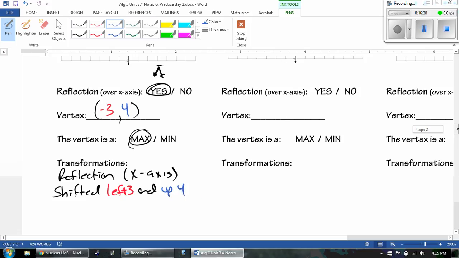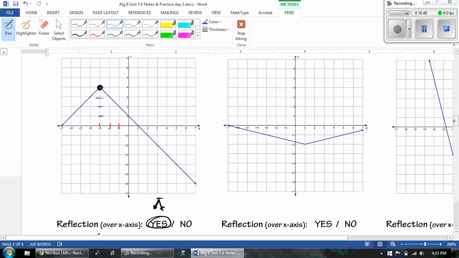Now, the last thing that we have to talk about is whether there was a change in the slope. Was it stretched or was it shrunk? So let's find out. Down 1 over 1, down 1 over 1, down 1 over 1. And if you look at that, that's kind of how it's going both times. It's 1 over 1.